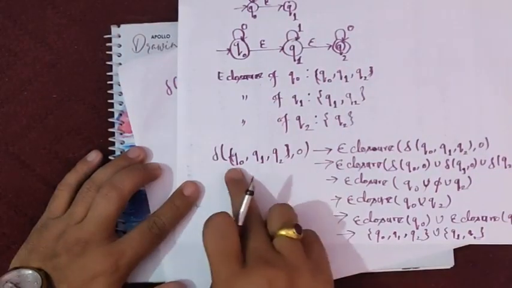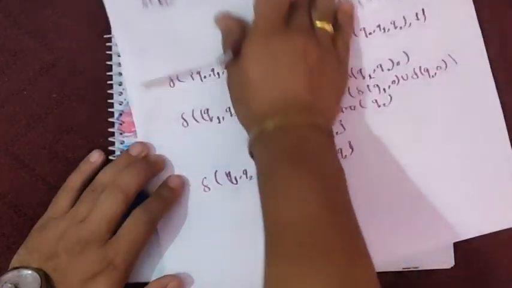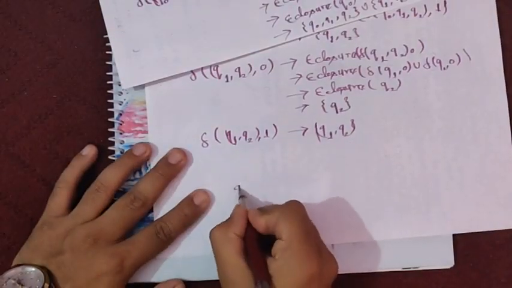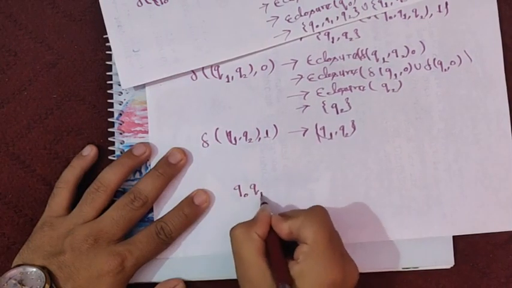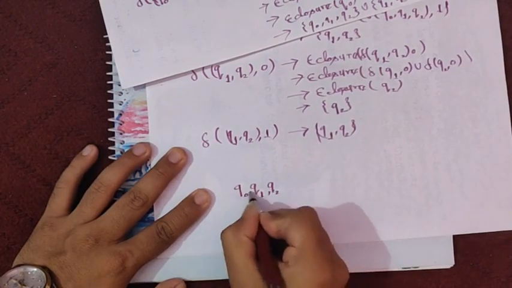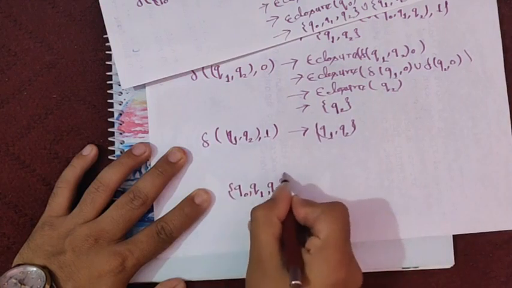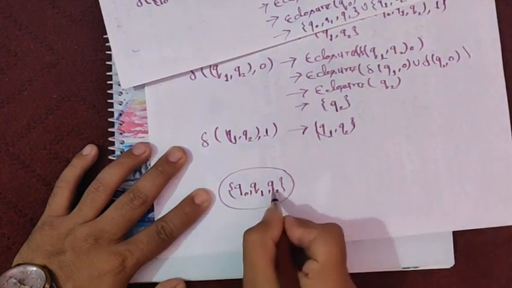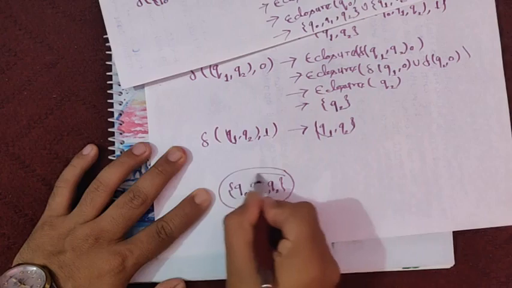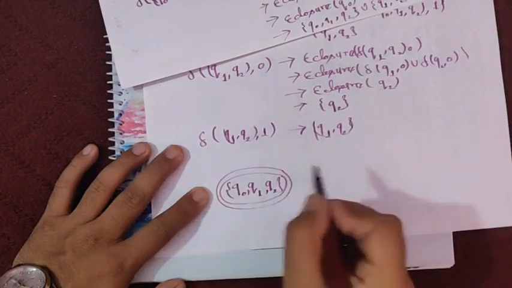So the first state was q0, q1, q2. Since it contains the final state, this is a final state.